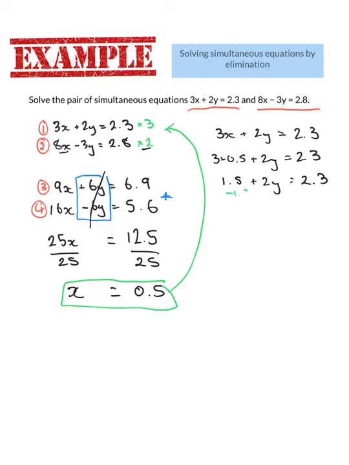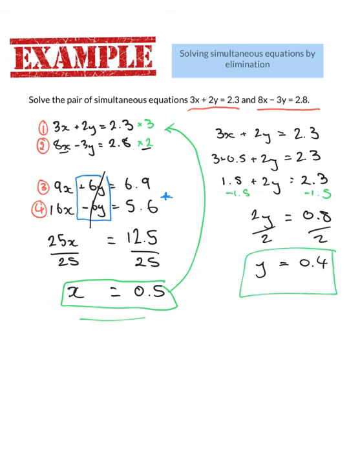Subtract 1.5 from each side and we get 2y equals 0.8. Divide both sides by 2 to get y on its own, 0.4. So we're left with x equals 0.5 and y equals 0.4.